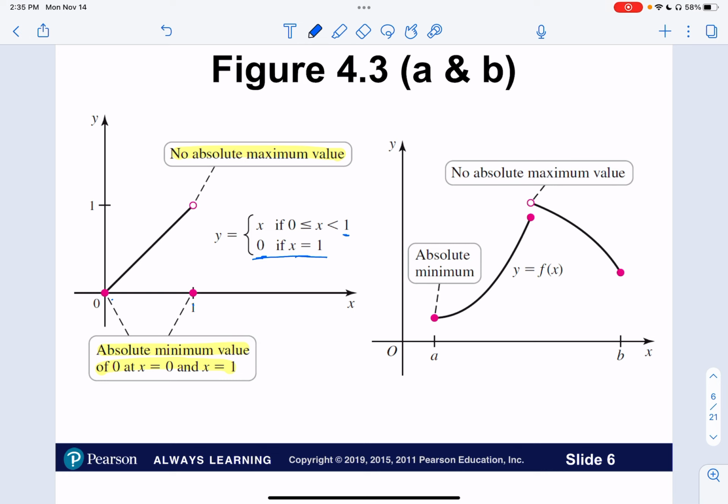So here we have a similar situation in B, where it's just showing that if I have y equals f of x on some interval AB, and this is AB inclusive, then I have an absolute minimum of f of a at x equals a.